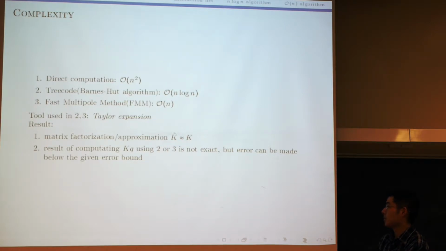Actually, it's an approximation to the original matrix K. And instead of computing the matrix vector product KQ, we are actually computing the matrix vector product of K hat and Q. By doing this, we are able to compute the matrix vector product efficiently with a linear complexity using FMM.